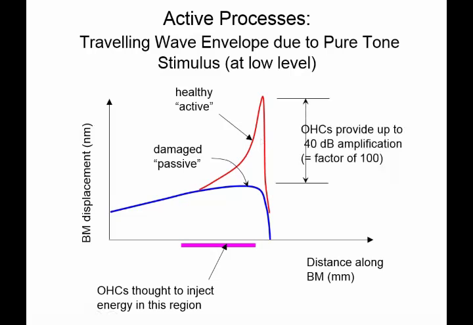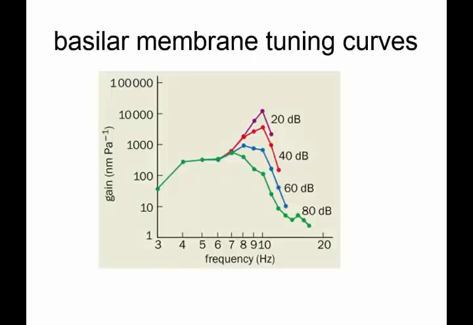This gives us 40 decibel amplification, a factor of 100, and this is actually measured. This is from a guinea pig, basilar membrane tuning curves, measured at one site, namely at this site here, at 10 kilohertz. That's where we can relatively easily get to.